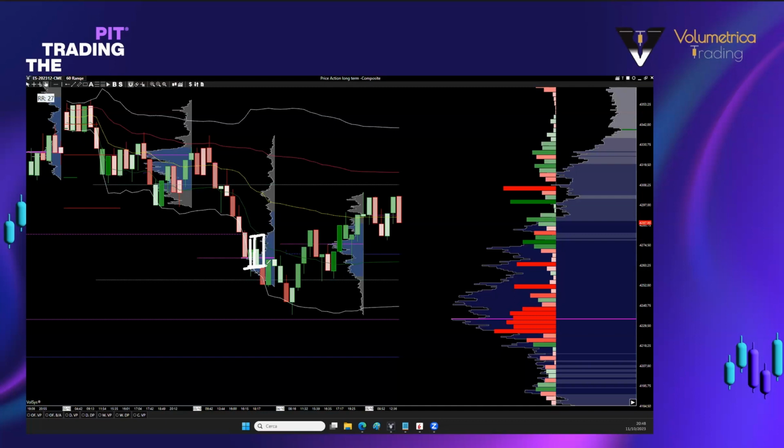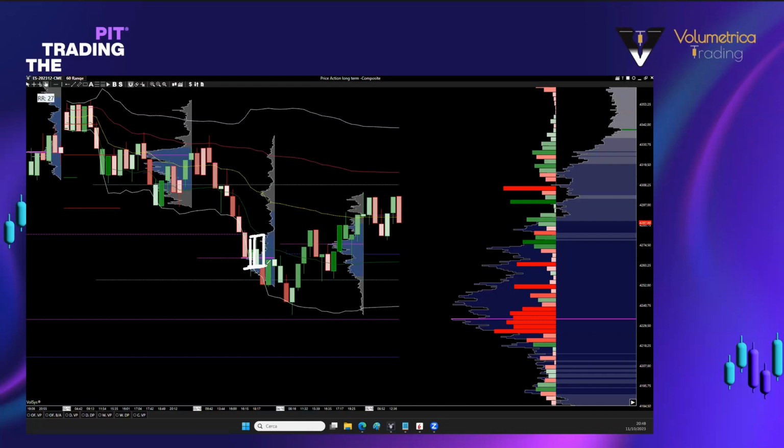As opposed to the example I was making before, this bar shows that there was a hard fight between buyers and sellers, but apparently buyers have lost the battle and sellers won the battle.